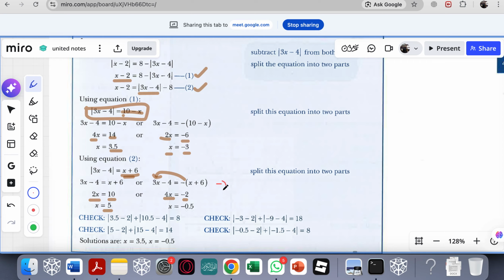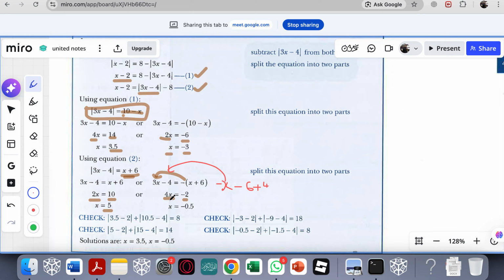When you use this negative outside to expand this bracket, you get minus x minus 6. So when you bring negative 4 on the left, when it comes to the right, it's going to be plus 4. And when you add minus x, when you come to the left, it becomes 3x plus x. That's how we go for x.